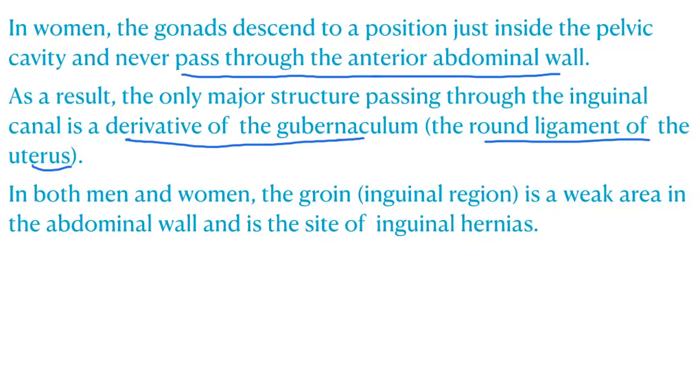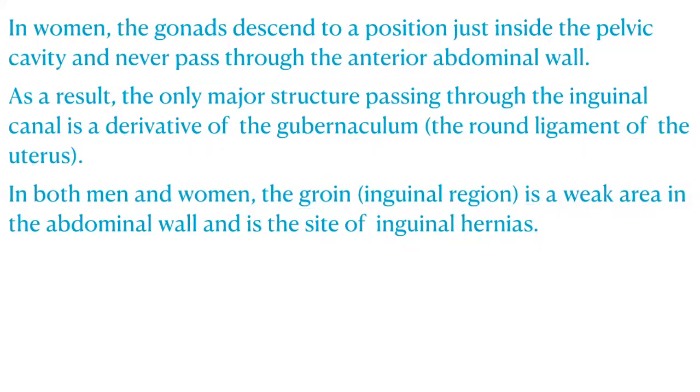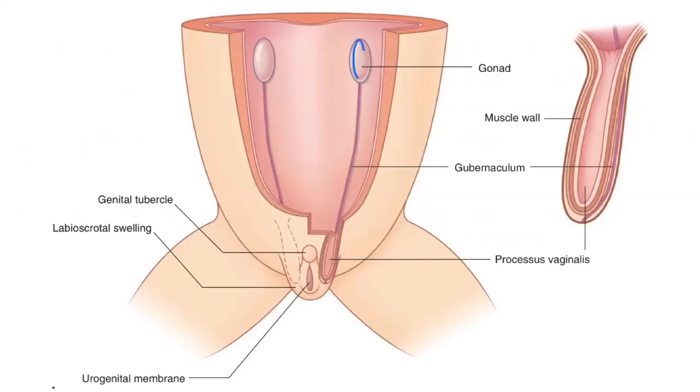They are in the pelvis only, not on the outside of the pelvis, as in the case of the male. The scrotum is outside the body, right? In both men and women, this region, the groin, is a weak area in the abdominal wall and is the site of inguinal hernias.